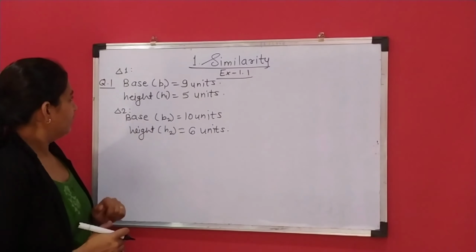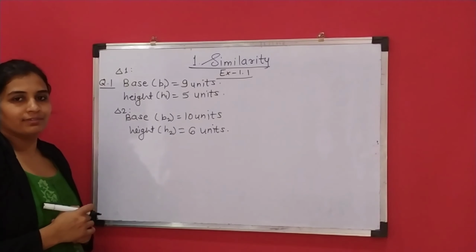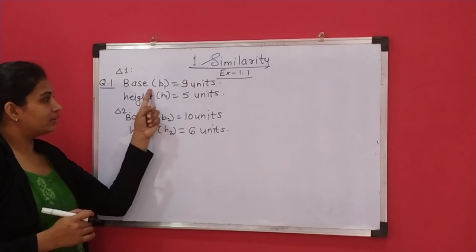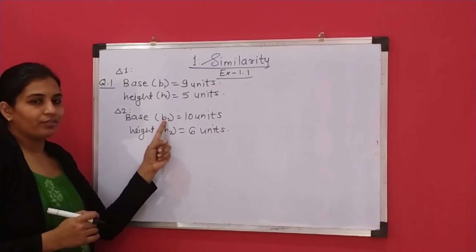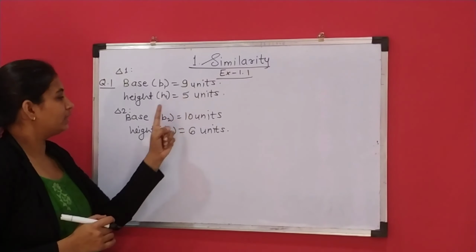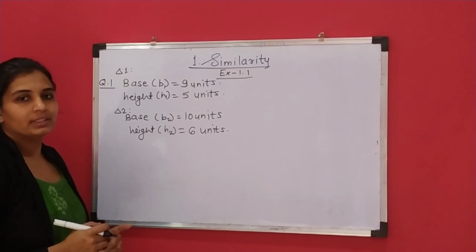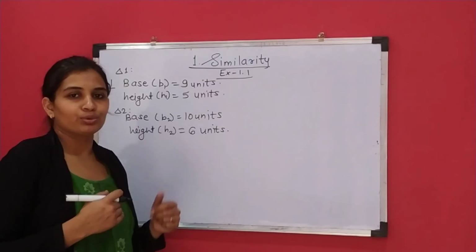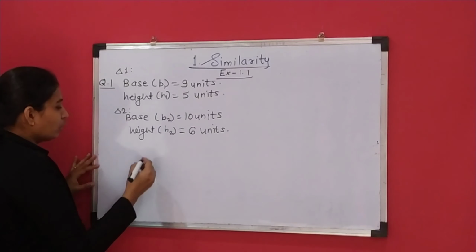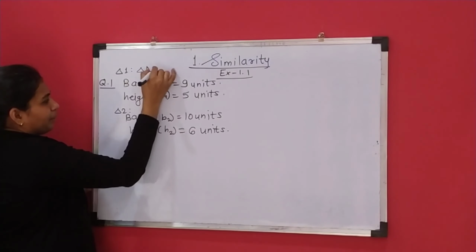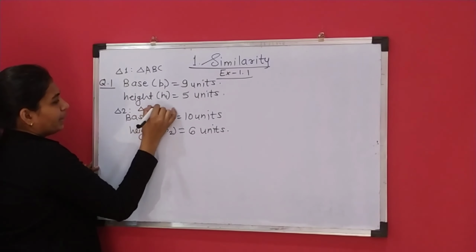Now students, in question number 1 of exercise 1.1, we are given two triangles. Base of the first triangle is 9 units and of the second triangle is 10 units. Height of the first triangle is 5 units and of the second is 6 units. And we have to find the ratio of areas of these two triangles. First of all, we will take them as triangle ABC and triangle PQR.